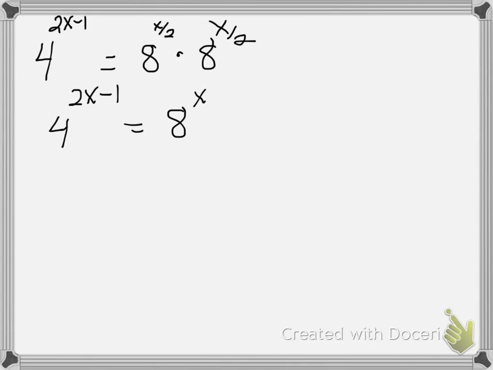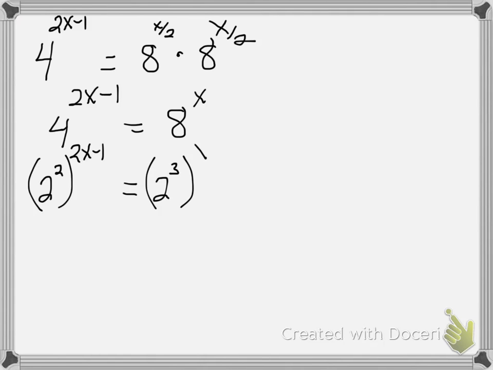Well, I don't have like bases, but I could think of 4 as 2 squared, and that raised to the 2x minus 1 power. And 8 is 2 to the 3rd power raised to the x power. So 2 to the 4x minus 2 equals 2 to the 3x power.